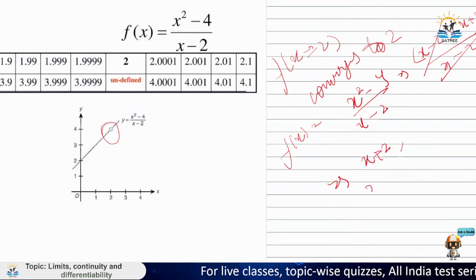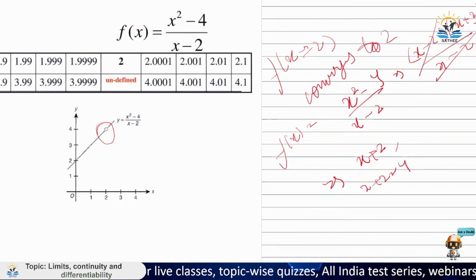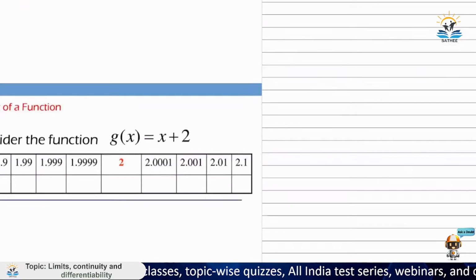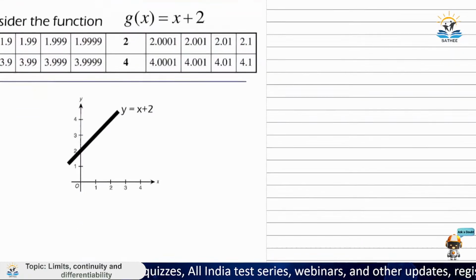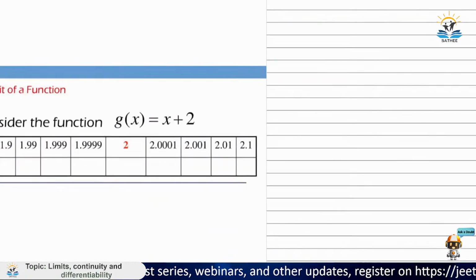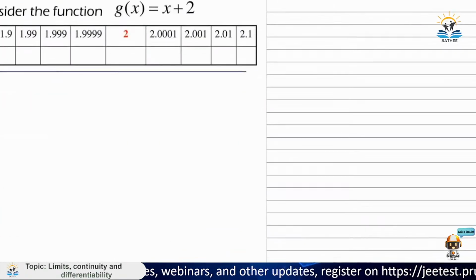At x equals 2, it is 2 plus 2, which is 4. So the limit of the function at x equals 2 becomes 4. These are similar functions: if we cancel out x minus 2, we get a new function, x plus 2, and that is what g of x actually is.